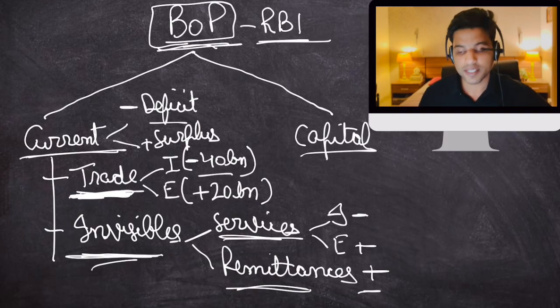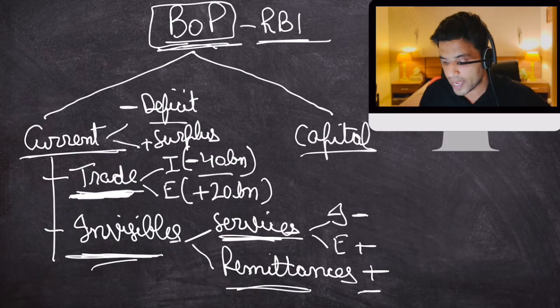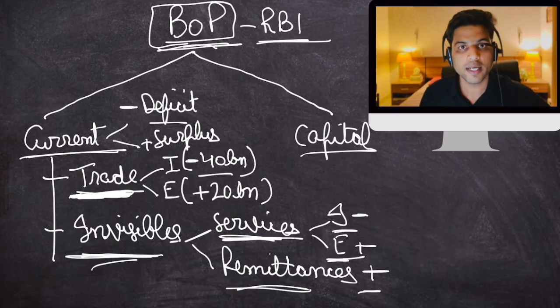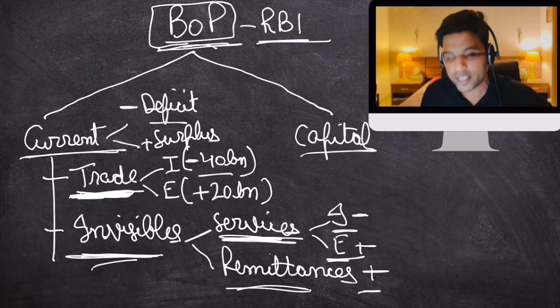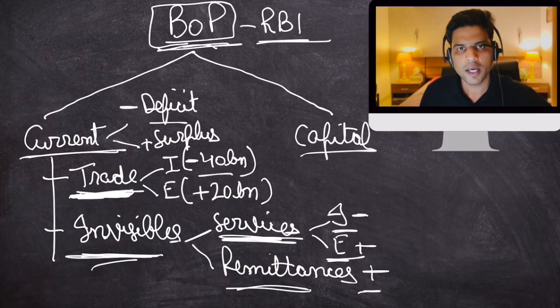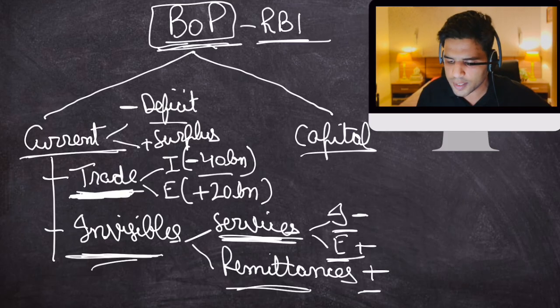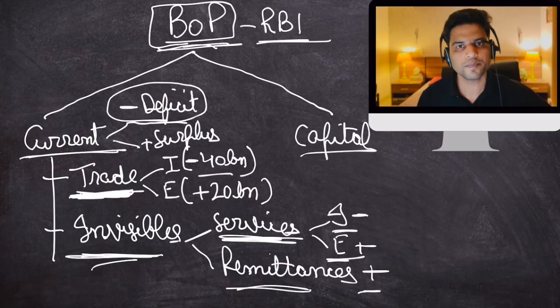What happens is we generally run a trade deficit in goods. But in terms of services trade, we export more than we import, so we run a surplus when I'm talking about only services. But our trade deficit is so large that the invisible surplus is not able to compensate for it, and overall, we run a current account deficit.